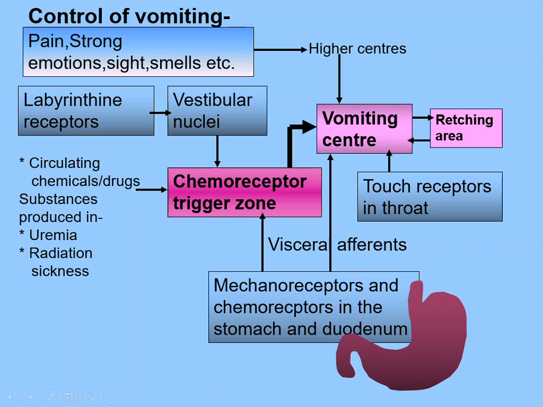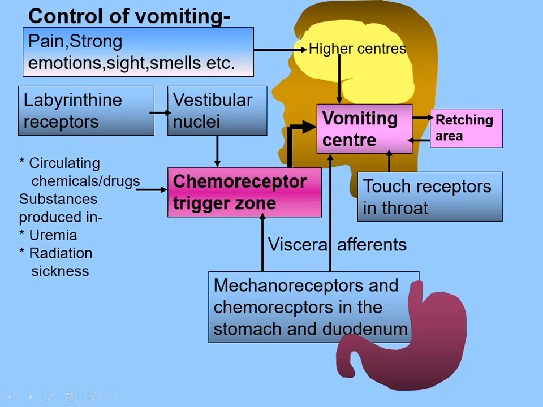Another one is touch receptors in the throat. When you touch the throat, or put fingers deep into the mouth, this leads to vomiting. So this is about control of vomiting.